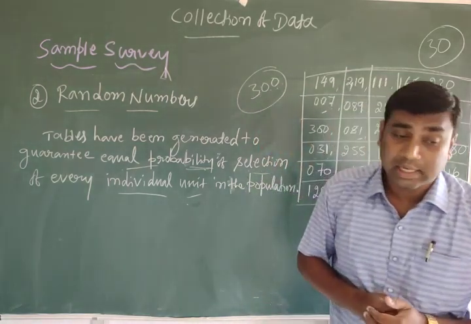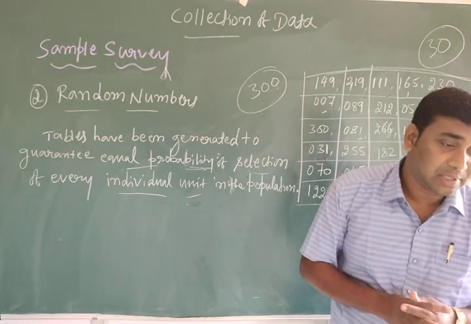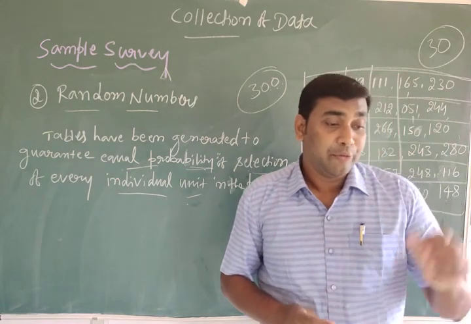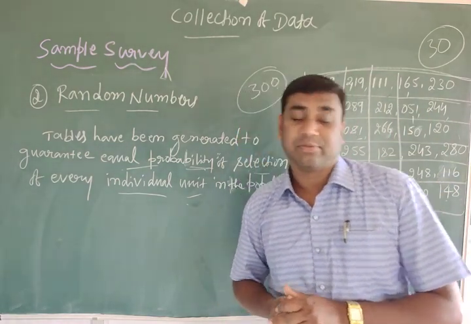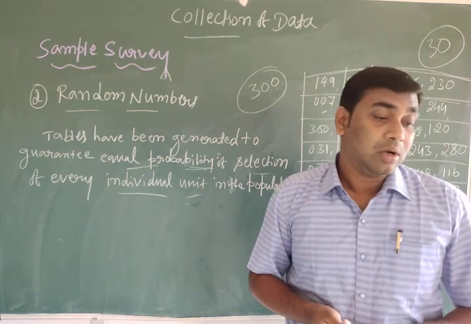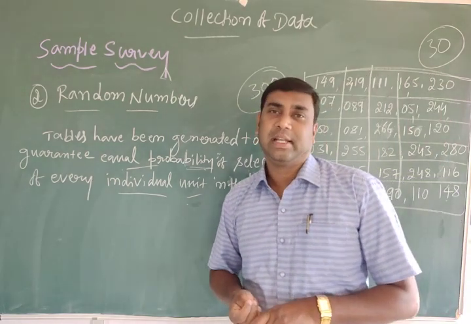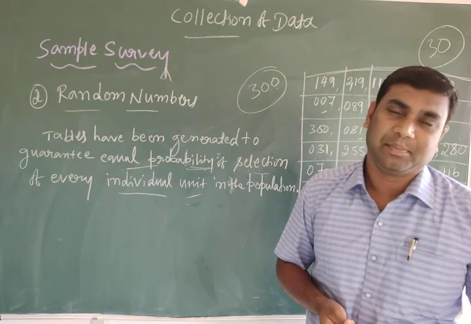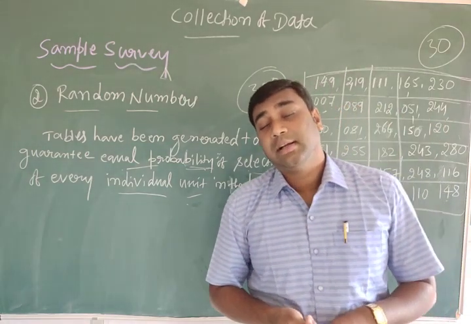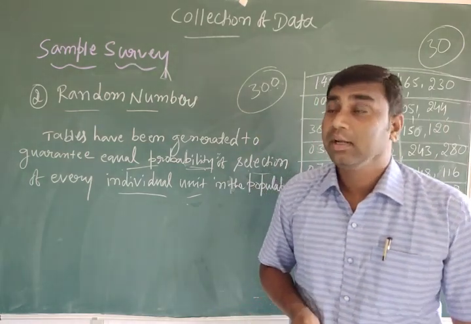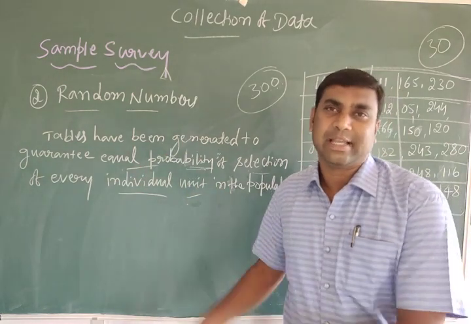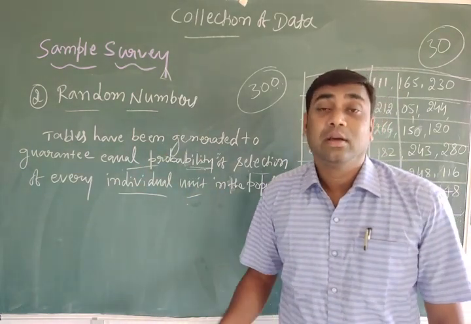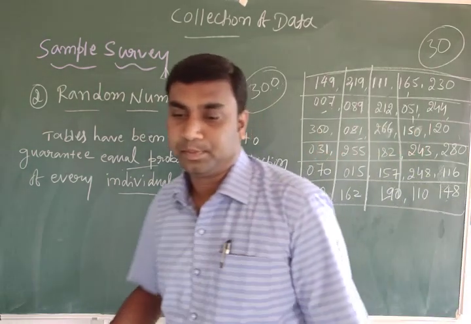And under the random sample, especially, the random sample means it is one where the individual units from the population are selected at random. That is random sampling. Under that again we started to discuss about the lottery method, and now random numbers. Okay, up to this, random sampling. The next is non-random sampling.